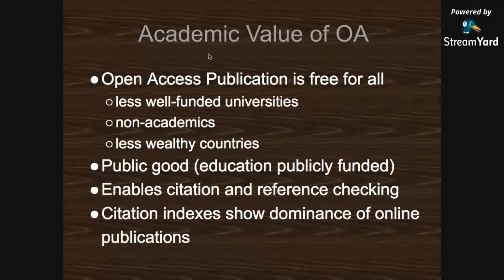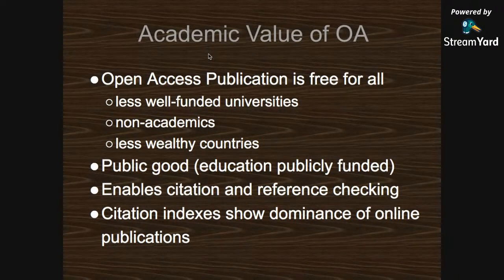From an academic perspective, open access is very important because we want our scholarship, our publications, to be available to as many people as possible, including people from less well-funded universities who may not have vast amounts of this material in their libraries, including non-academics, and including scholars from all over the world, including countries where access to expensive publications and libraries isn't always very widespread.